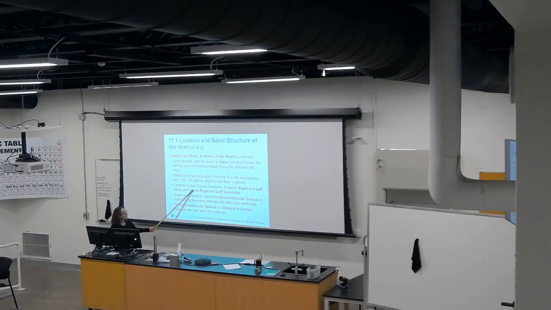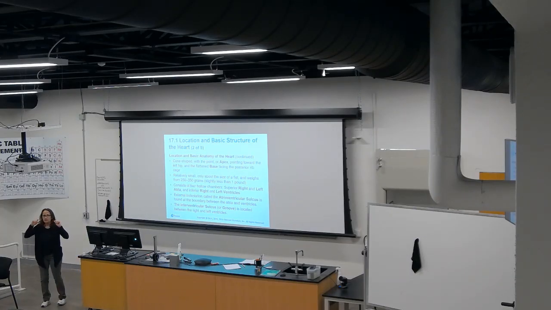Okay? So it has 4 hollow chambers, 2 upper chambers or compartments and 2 lower chambers. The 2 upper chambers are called atria, and the 2 lower chambers are called ventricles. The atria receive blood from veins, and the ventricles pump out the blood through arteries.